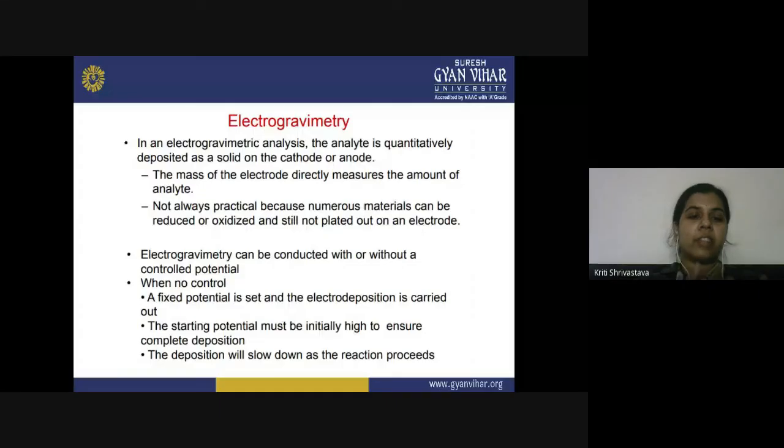So when you don't control the potential, a fixed potential is set and the electrode deposition is carried out. The starting potential must be initially high to ensure the complete deposition. The deposition will slow down as the reaction proceeds. So you need to vary the potential, otherwise that deposition is never complete on the electrode surface.